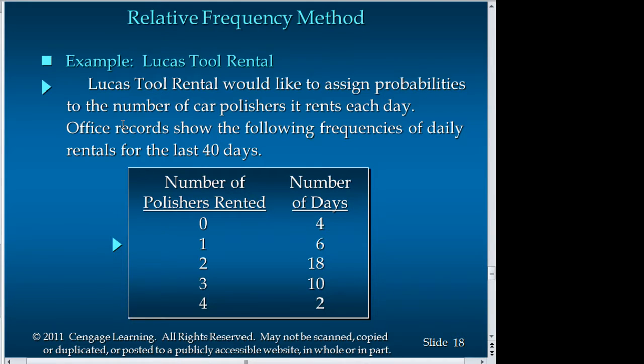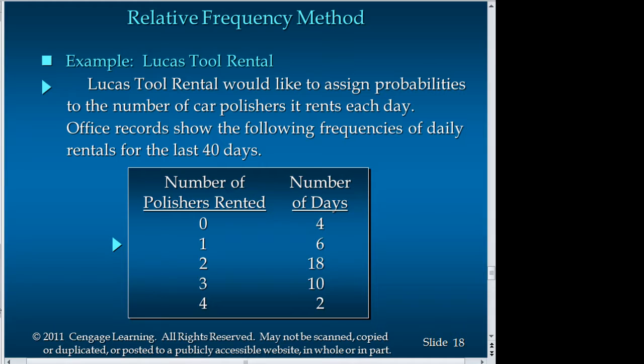The office records show the following frequency of daily rentals for the past 40 days. Out of those past 40 days, on 4 days they didn't rent out any. 6 days they rented out 1 unit. 18 days they rented out 2. 10 days 3. 2 days 4.